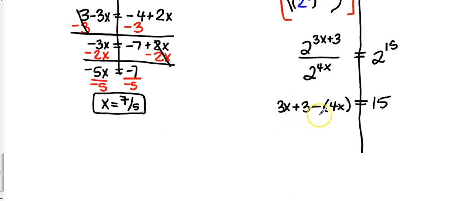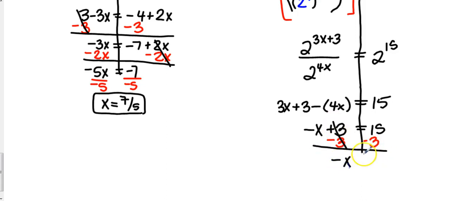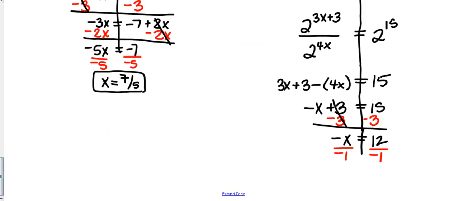Combining like terms, 3x minus 4x is a negative x plus 3 equals 15. We'll subtract 3 from both sides. And then last but not least, divide by negative 1. And we get x equals negative 12.